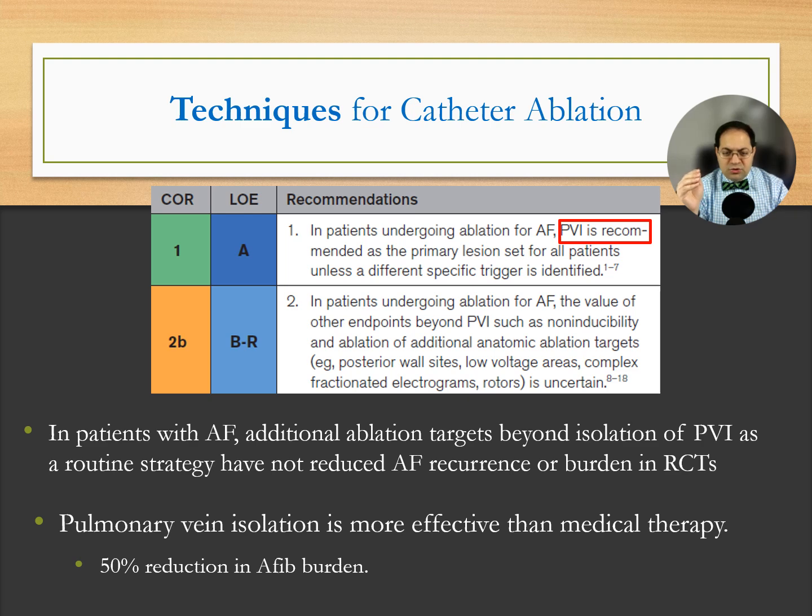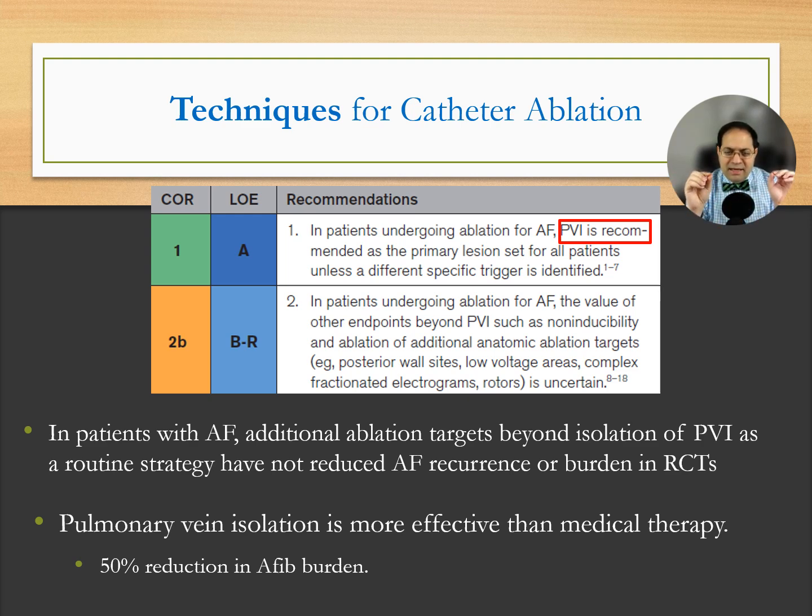The only thing that shows solid evidence is pulmonary vein isolation only. And we don't have a good amount of data about other options, like adding lines in case of persistent atrial fibrillation, or getting rid of the posterior wall of the left atrium, or modifying the substrate if there's scar tissue somewhere here and there. So there are not solid data. There are some data favoring each one of them.